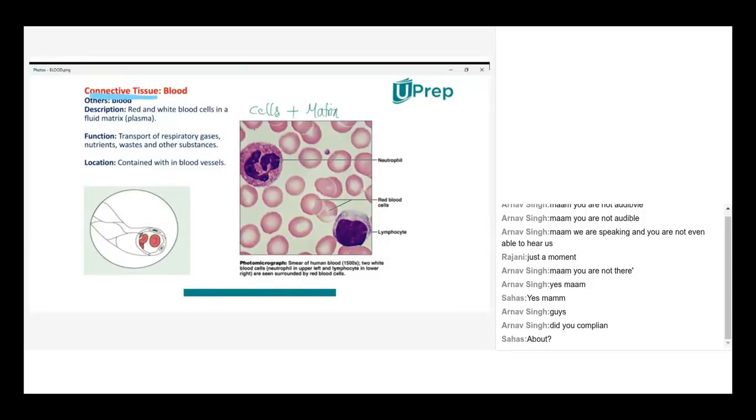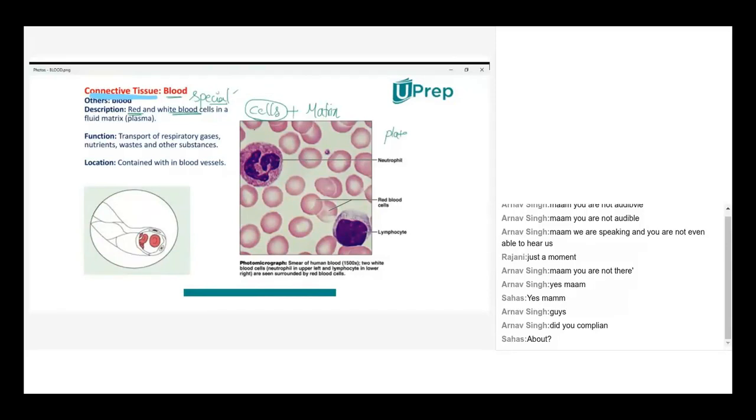Matrix is the fluid substance. So when we take blood, blood is the special connective tissue. Why is blood a special connective tissue? We'll see here. When we take blood as a special connective tissue, we are having various types of cells in blood. For example, red blood cells, white blood cells, and even blood platelets.